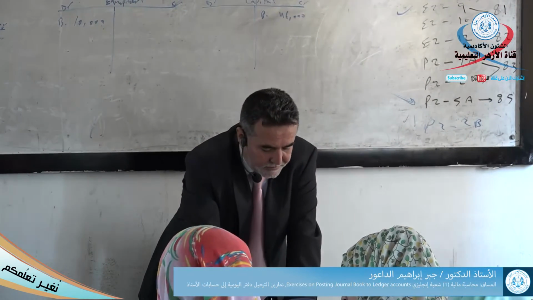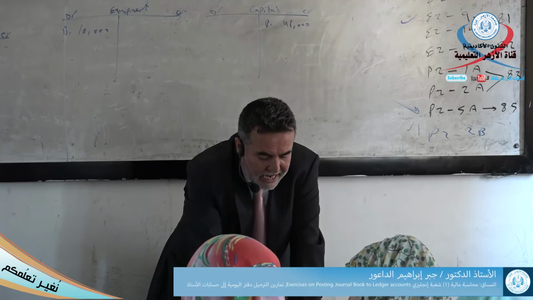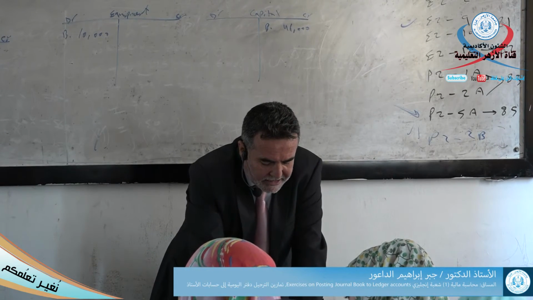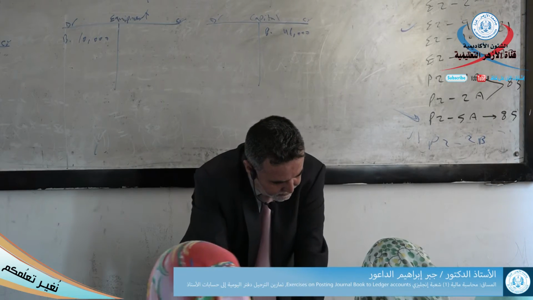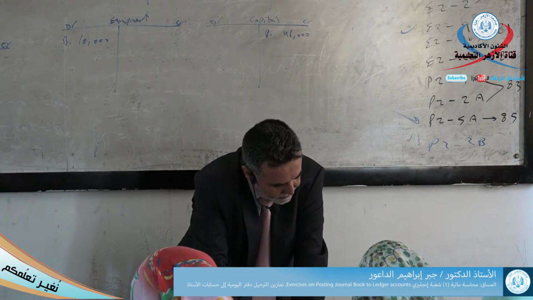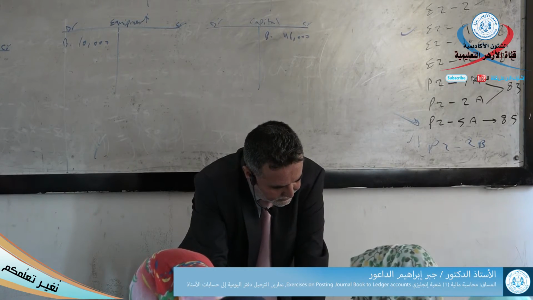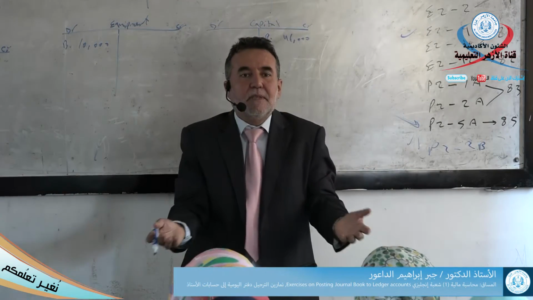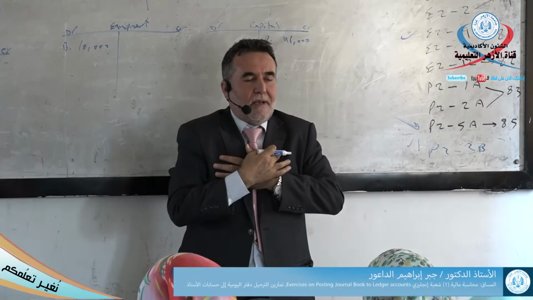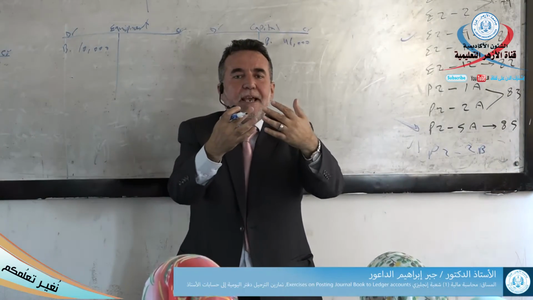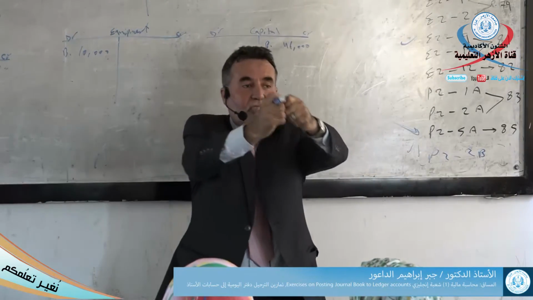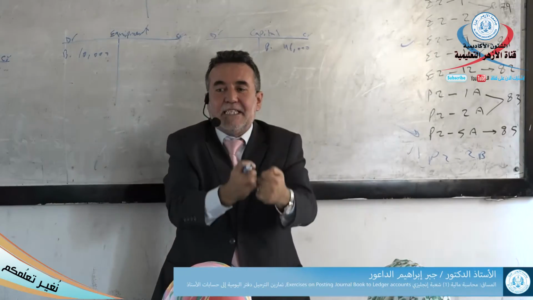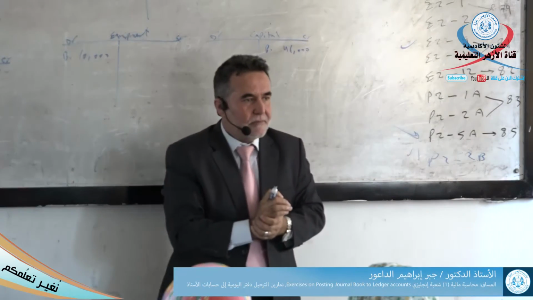Number 20. Received 5,000 cash from customers for admissions. Received cash, يبقى الكاش it will be increased, so it will be debit. Where I paid cash, cash will be decreased, so it will be CR.